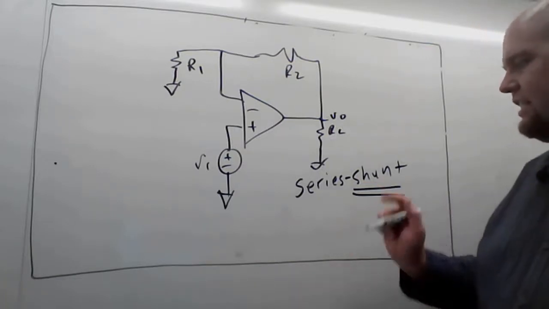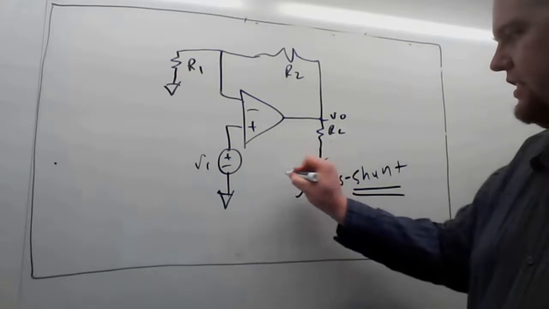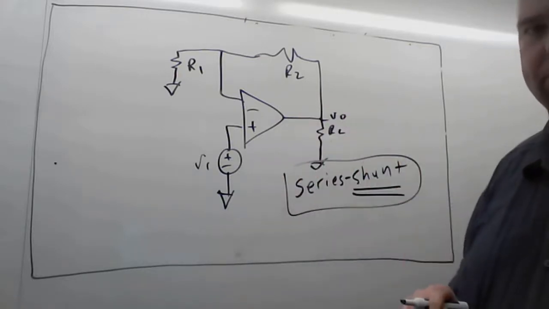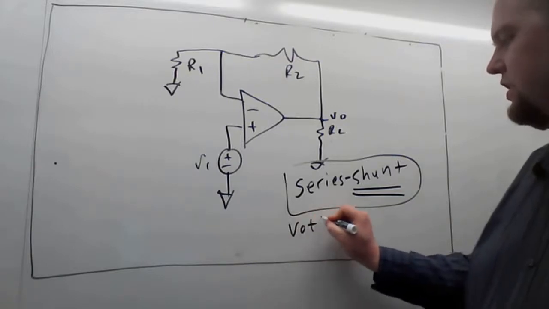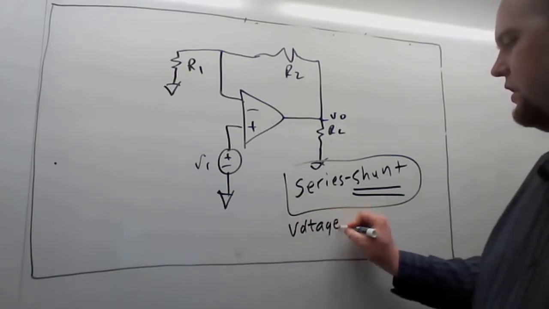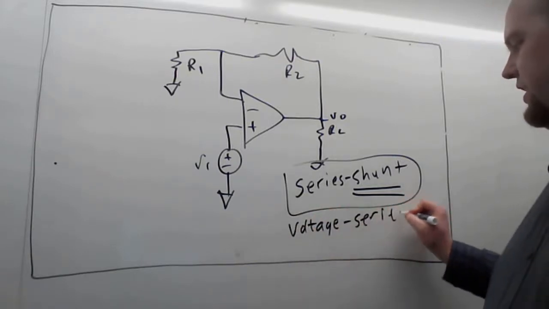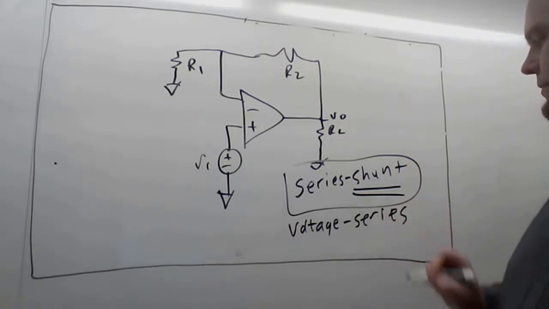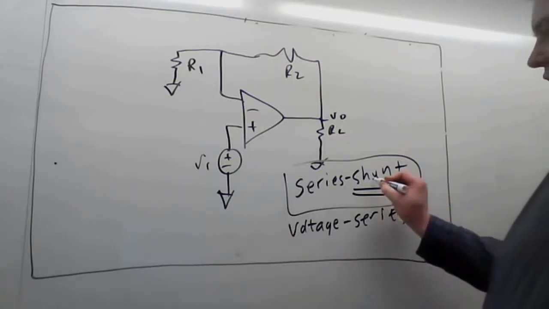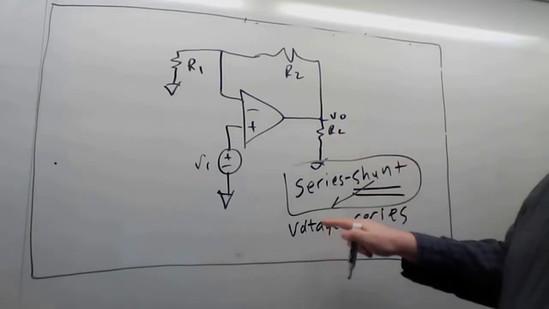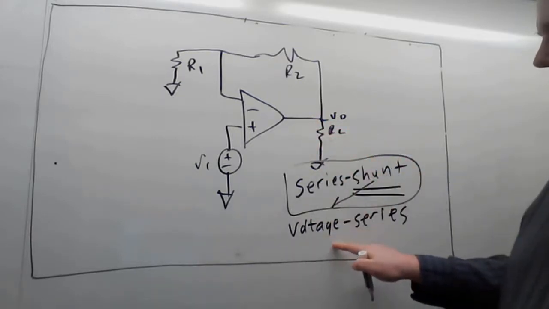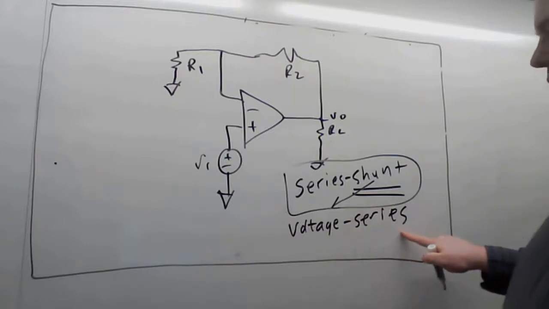Okay, so this is a series shunt. There are other books. This is the way our book calls it, series shunt. There are other books that would refer to this as voltage series. Basically what they're saying is we're measuring the voltage of the output and the input is in series.